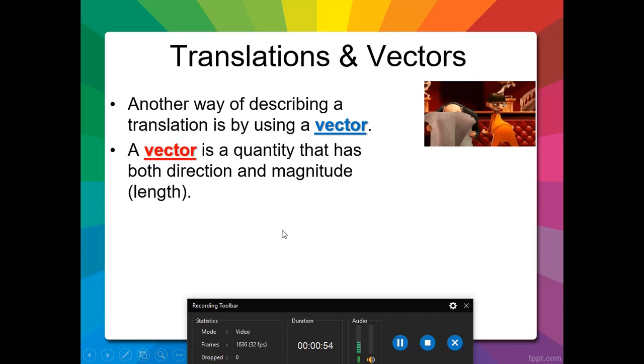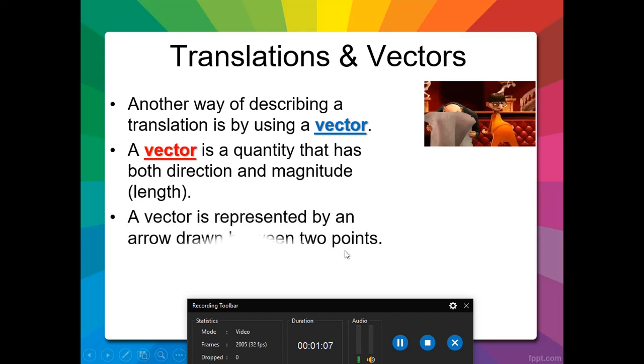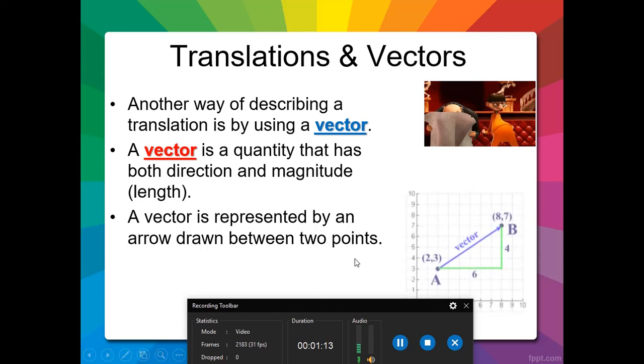So a vector is going to represent a quantity that has both direction and magnitude, which is known as length. So which direction is it traveling and how far is it going? In the coordinate grid, we can represent a vector using an arrow drawn between 2 points.